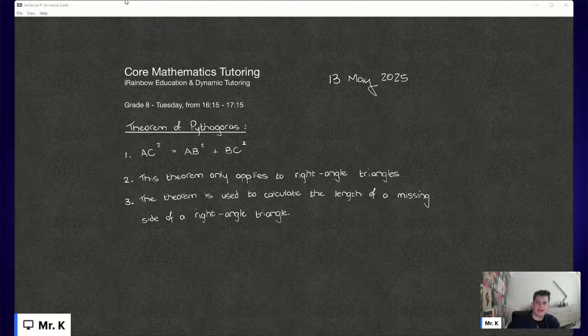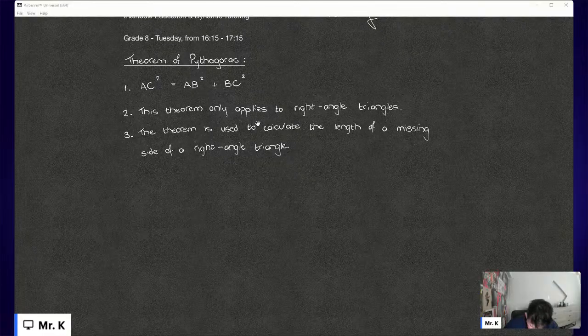Right, so what else do we need to know about this theorem of Pythagoras? I'm not going to go through all of the specific details, in the sense that I will not be showing you how the formula or the theorem was essentially derived, but we do need to discuss something important.